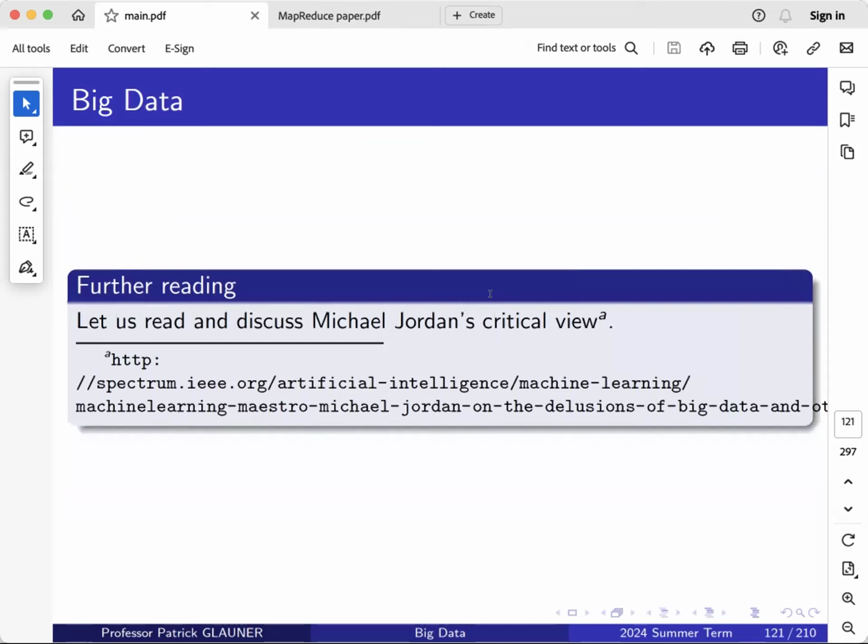The field of big data has received lots of praise, but also lots of criticism. There's a very critical view from Michael Jordan, one of the machine learning pioneers or AI pioneers. He was interviewed by IEEE Spectrum about what he thinks about big data, some years ago, and he wasn't too positive.